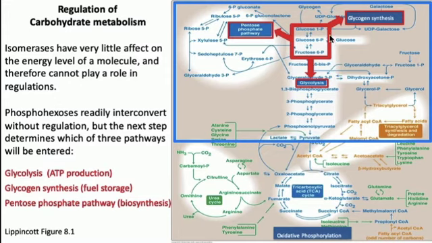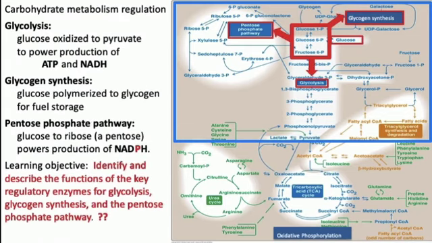So we've shown that glucose can enter the cell, get phosphorylated to glucose 6-phosphate, and then it will freely flow back and forth between glucose 6-phosphate, glucose 1-phosphate, and fructose 6-phosphate. They will then be freely available to enter several different metabolic pathways. Glucose 1-phosphate can enter glycogen synthesis. Glucose 6-phosphate can enter the pentose phosphate pathway, and fructose 6-phosphate can enter glycolysis.